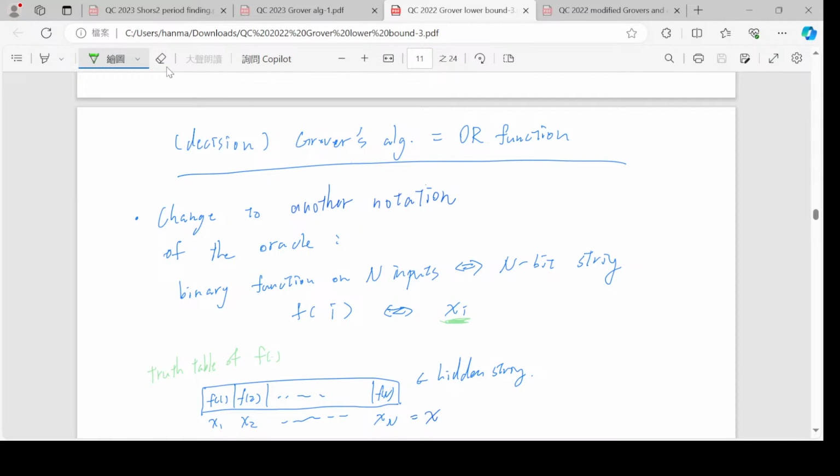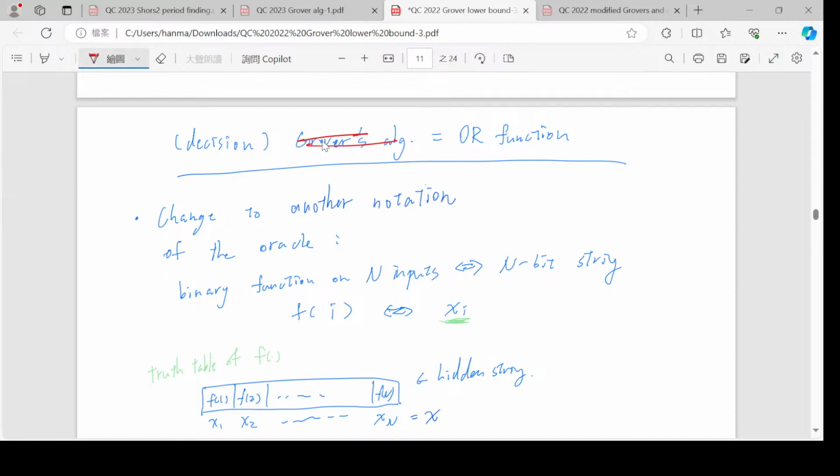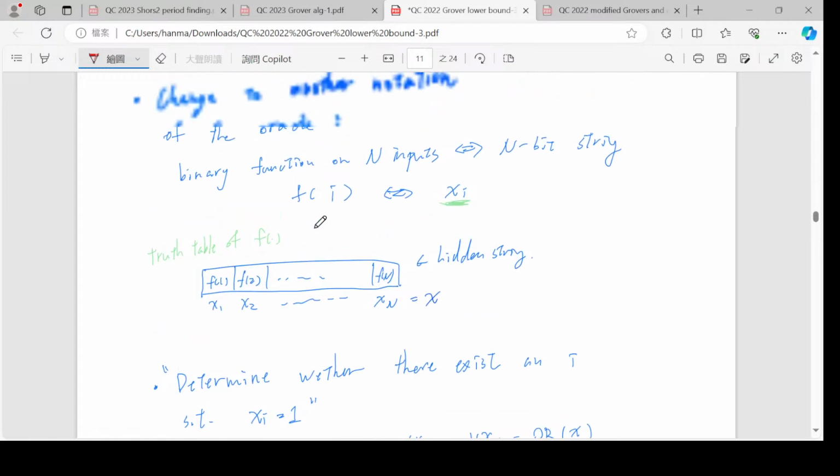Maybe I should not say all Grover algorithm. Okay, so we have been talking about the decision version of the search problem. Sometimes people call it the OR function. And why is that? It's because if you think about the input not as a small f, you think about the input as just the truth table of small f as a string.